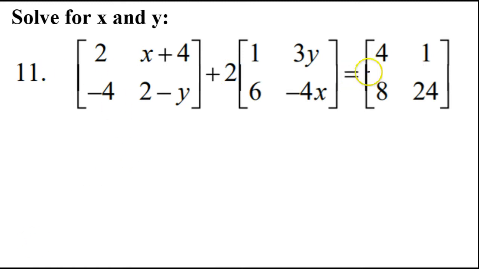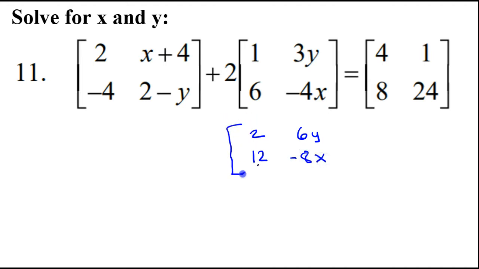Okay, now we have some problems where we are going to solve for x and y. So the main thing I need to do is start by taking care of these scalar multiples. So let's go ahead and multiply by any scalar that we see, starting with the 2. So this is going to give me 2 and 12 and 6y and negative 8x.